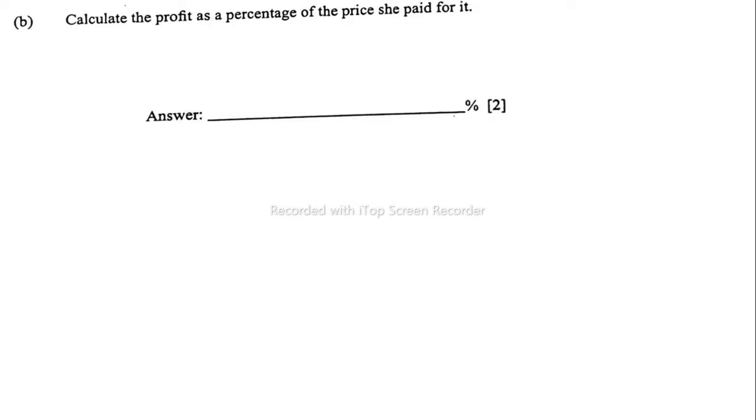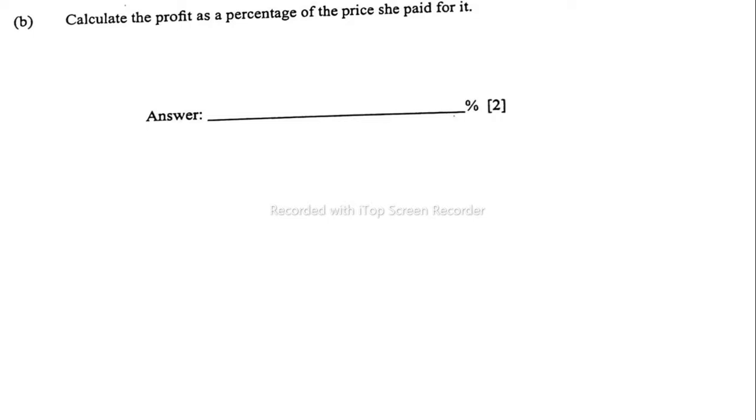So it'll be 19,000 divided by 95,000 multiplied by 100. That's the profit divided by the original price multiplied by 100, which gives the profit written as a percentage of the original price.